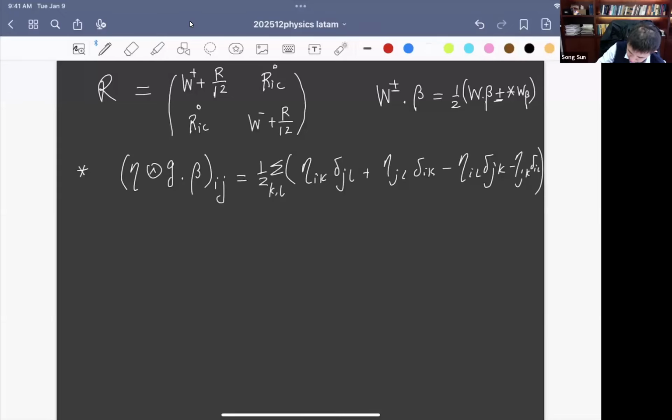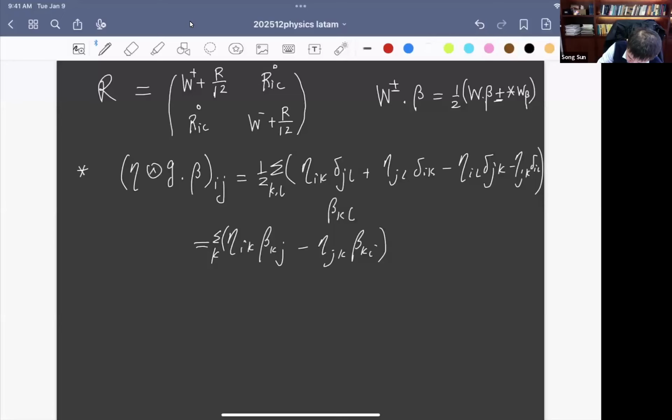Then you multiply by β_kl. After the sum, it's easy to see this gives you (η_ik β_kj minus η_jk β_ki), summed over k. This is very simple. Okay.